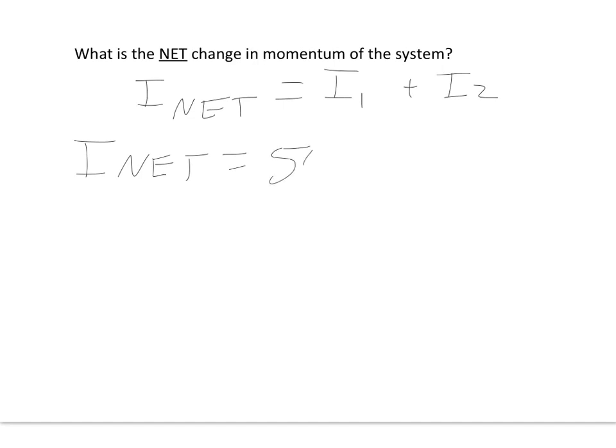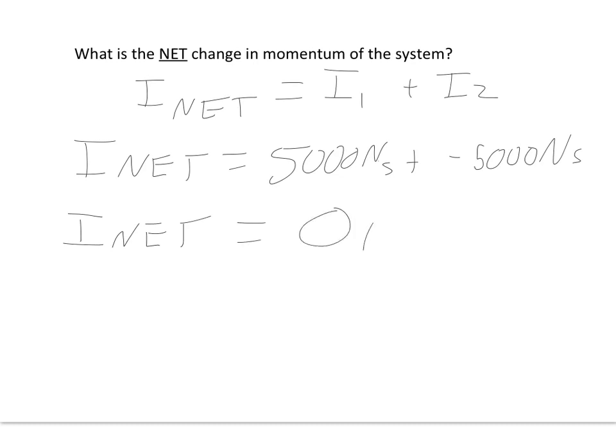Radioactive man had an impulse of 5,000 Newton seconds, whereas the cannonball had an impulse of negative 5,000 Newton seconds. These are changes in momentum that occur in opposite directions. And so the net impulse, or change in momentum, winds up being 0 Newton seconds.